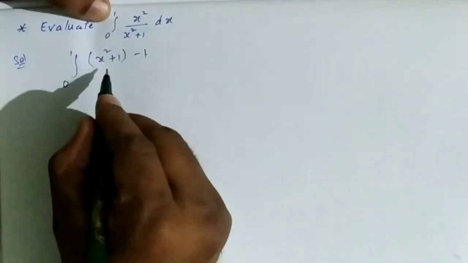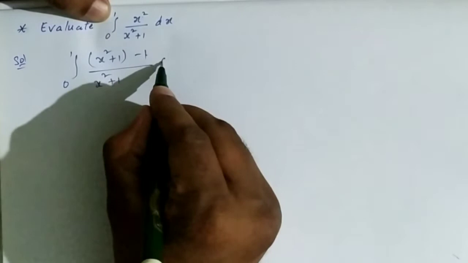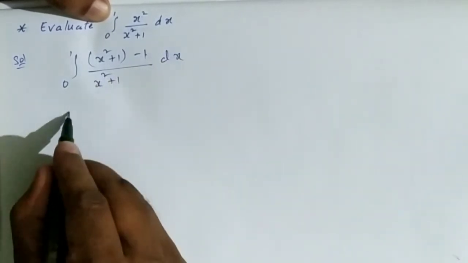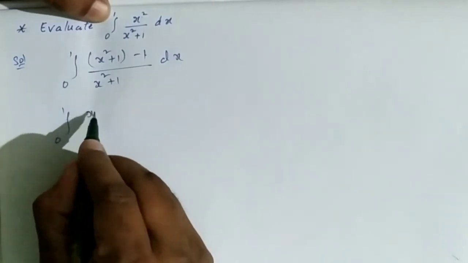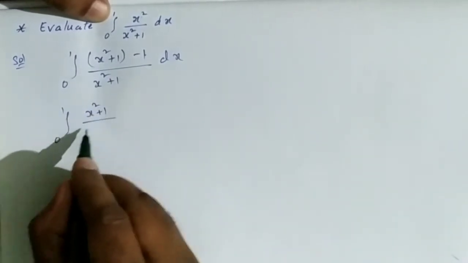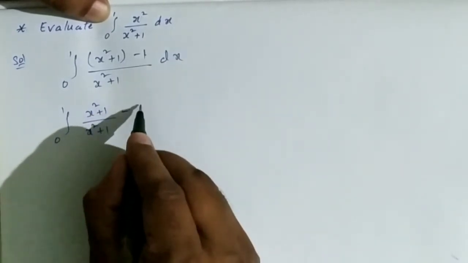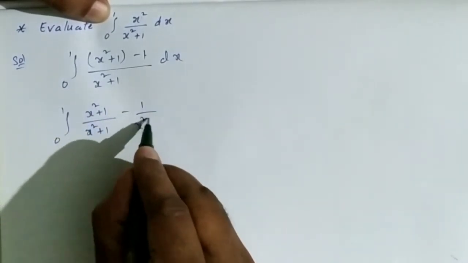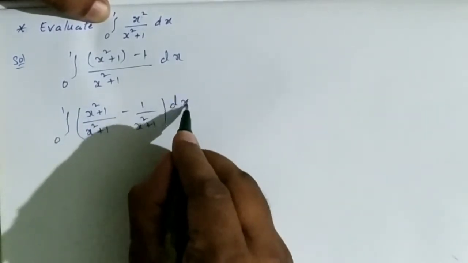Finally we get x square by x square plus 1 dx, and this I am writing as x square plus 1 by x square plus 1 minus 1 by x square plus 1 dx.